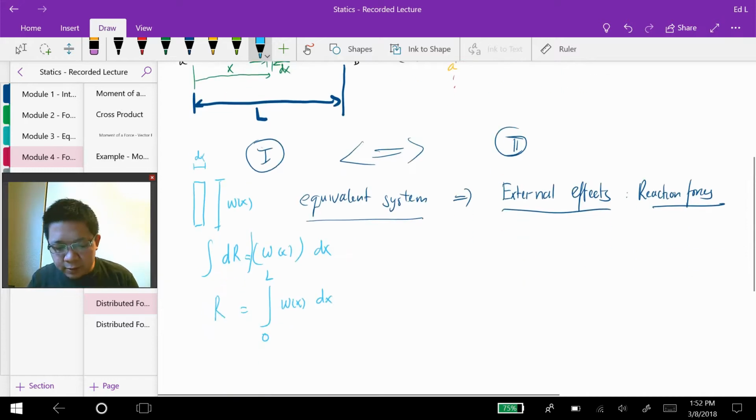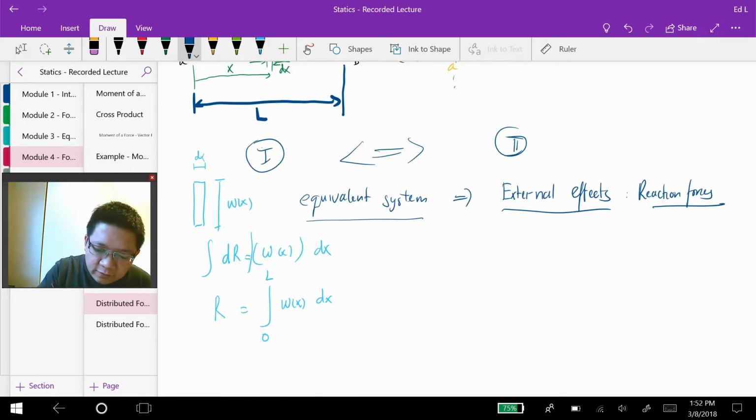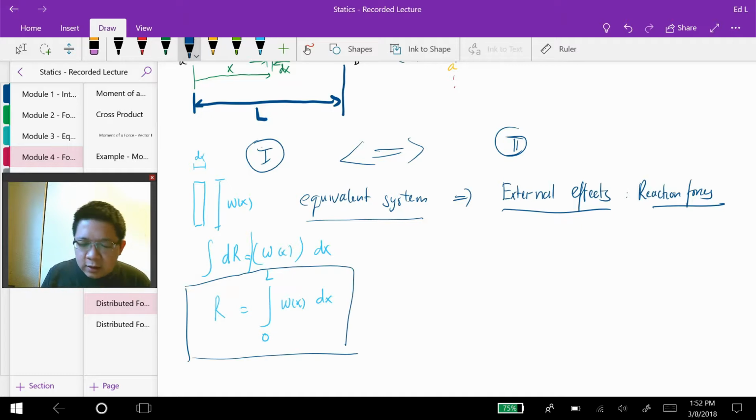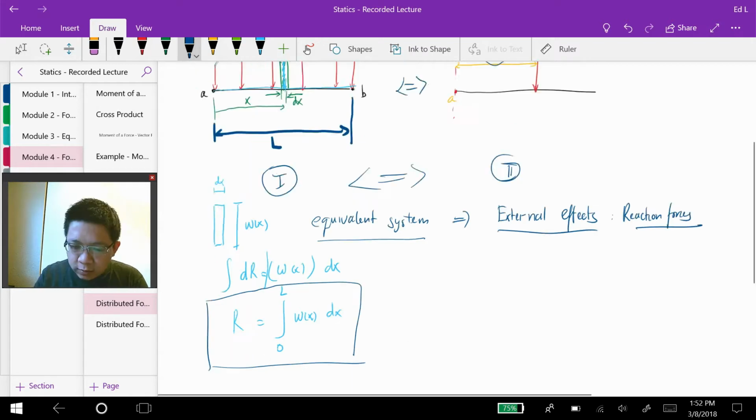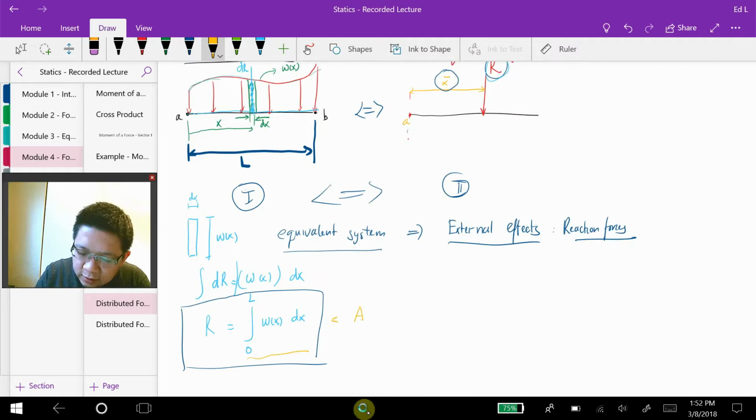So this is the first formula that will be very useful, which is the resultant force is the integration of the distributed force over the length of the beam. And in here basically this integration means it is the area under w(x), right? So we basically have the area under the distributed force right there.